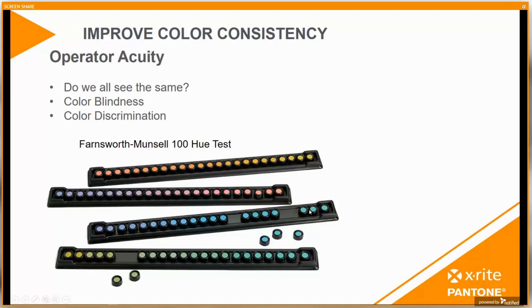So one tray at a time in a light booth, these all get removed and mixed up, and then you need to visually sort them so that you get a nice gradation of color, like up here, from one end to the other. You have someone do that with each of these 4 trays, and then you can flip them over and they all have numbers on them, and there's a way to score how well somebody sees color.